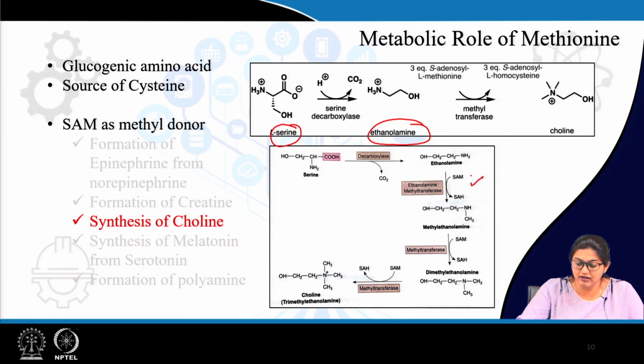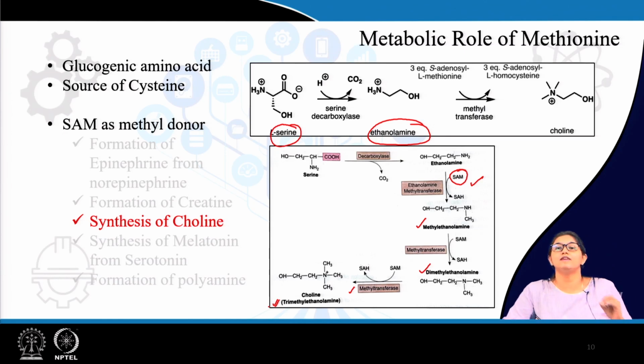So, this is one methylation, and the methyl group donor is SAM. Here you are getting methyl ethanolamine, another methyl group is added forming dimethyl ethanolamine, then the third methyl group is added to form trimethyl ethanolamine, which is also known as choline. So, choline is also formed with the help of methionine.